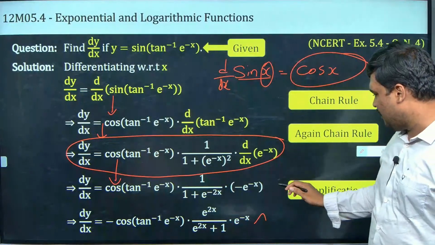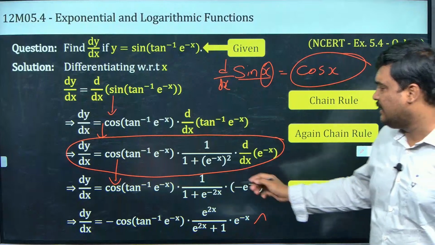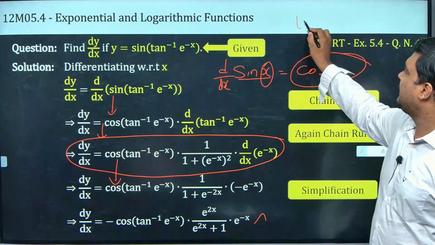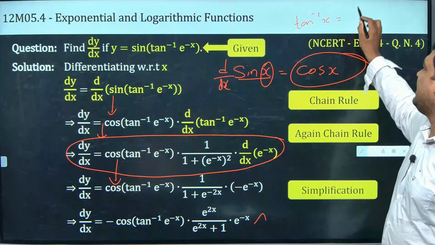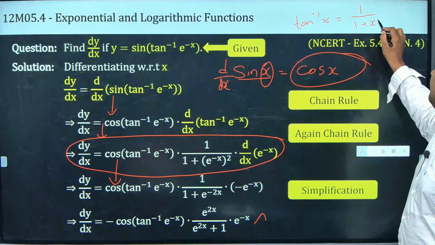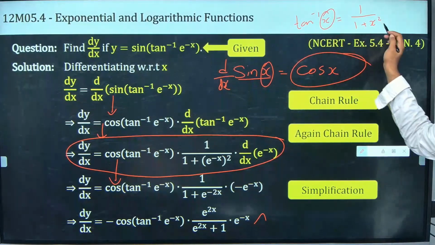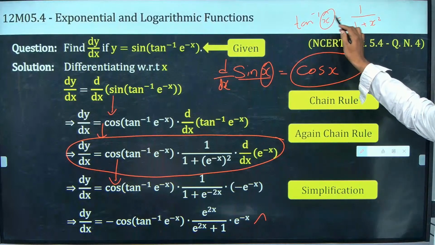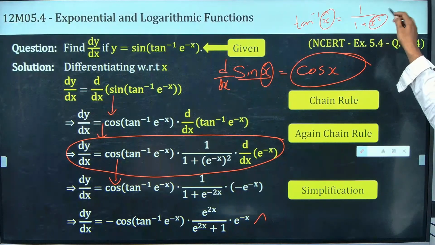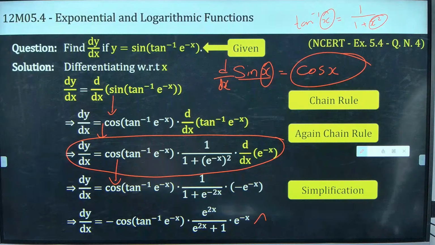See, tan inverse of x differentiation will lead to 1 by 1 plus x square. Here if I add x it will become x square. Hence I add e power minus x, this will become e power minus x the whole square. Sivaranjini?